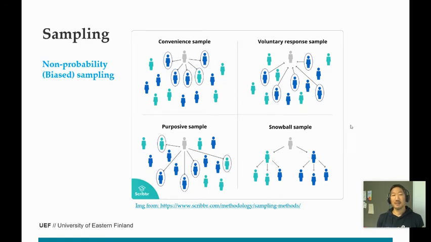The second type of non-probability sampling method is the voluntary response sampling method, and it's usually used on internet sites.